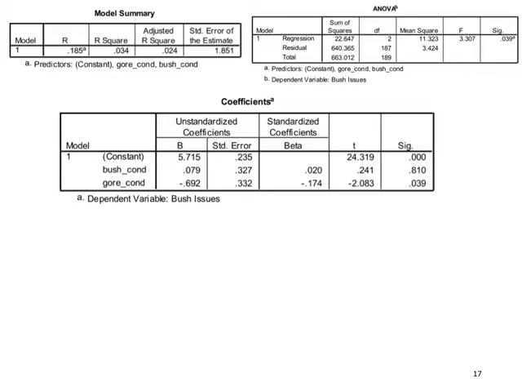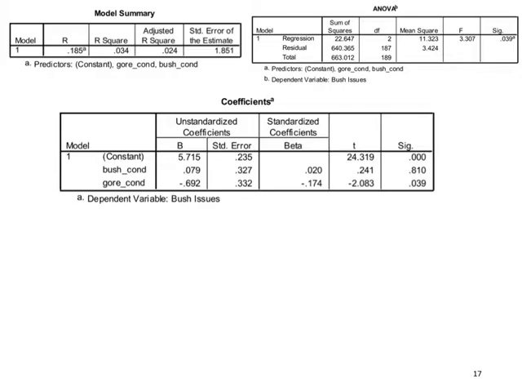And so the way that we would interpret this at the end of the day is that the Bush condition wasn't significant. There's no significant difference between the Bush condition and the control, but the Gore condition was significantly lower than the control condition.